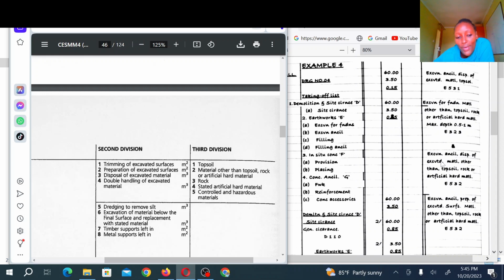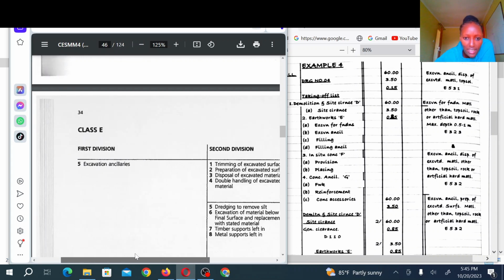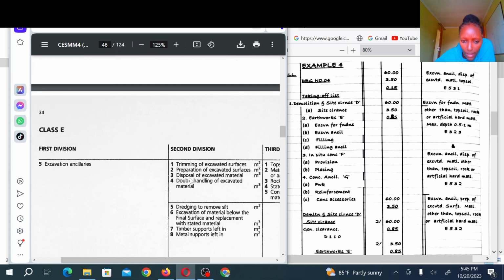Alright? So after disposing that soil, now we should go to the next part. We have done an excavation for foundation and excavation auxiliaries while disposing the soil. But now, if you look at the excavation auxiliaries, there is disposal, then there is preparation of excavated surfaces.